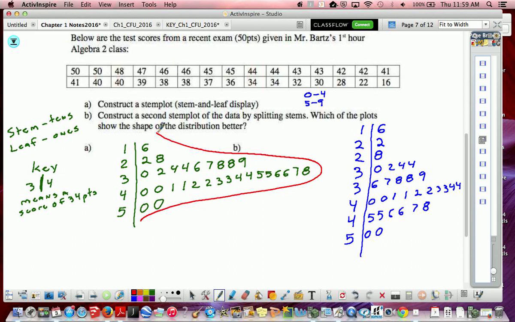Maybe just a little bit skewed. Which way does the tail go? If you turn it on its side, it's going to the lower scores, which would be slightly skewed to the left. But what does the split stems do for you?